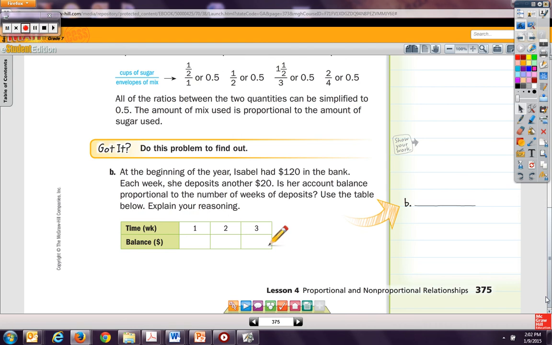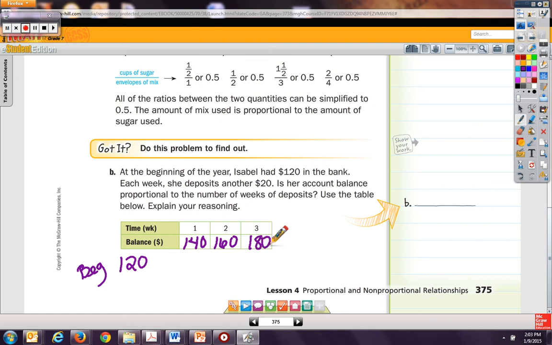So she already had $120 at the beginning. In week 1, she added $20, so it became 140, then 160, then 180.